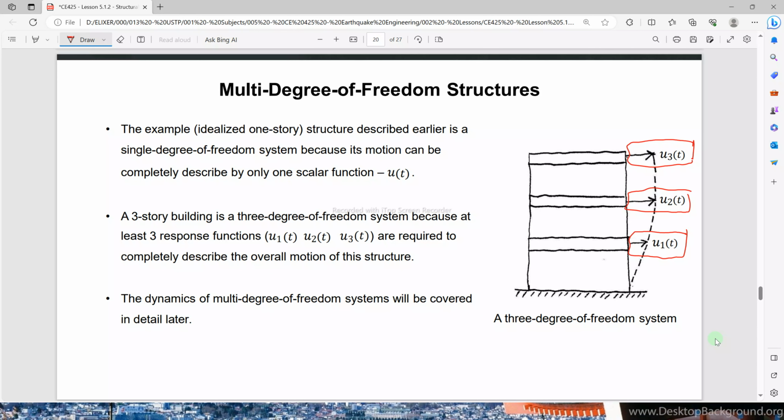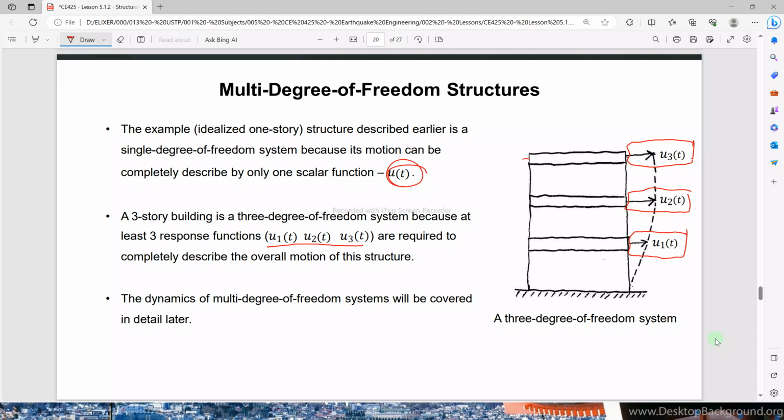The example idealized one-story structure described earlier is a single degree of freedom because its motion can be completely described by only one scalar function, u(t). A three-story building is a three-degree of freedom system because at least three response functions are required to completely describe the overall motion of this structure.